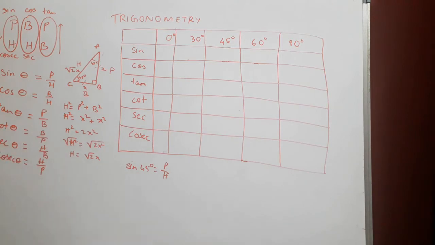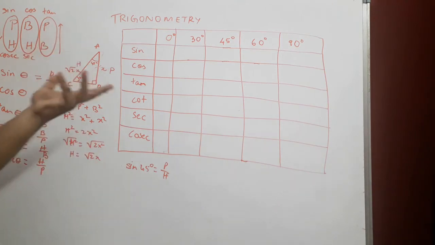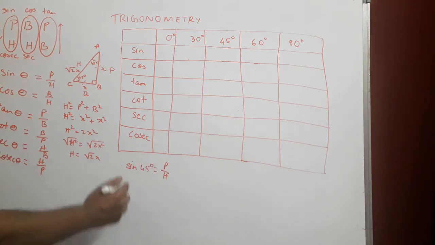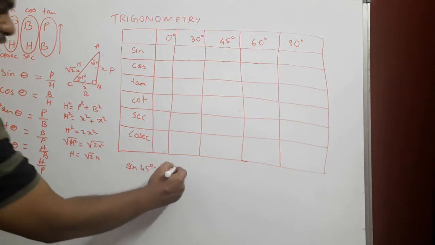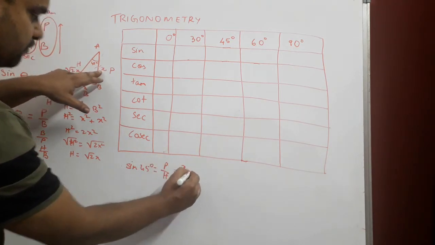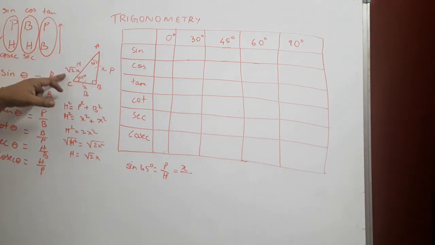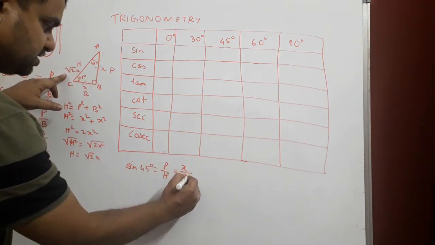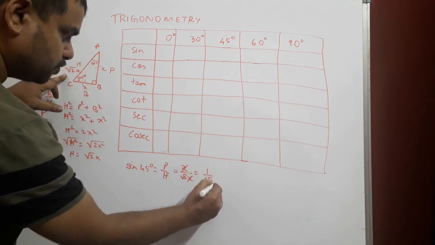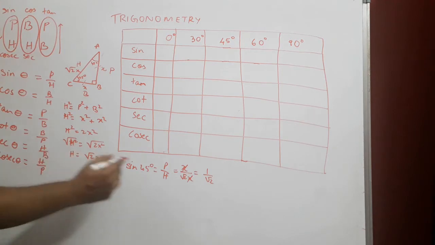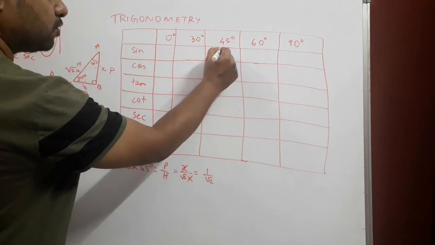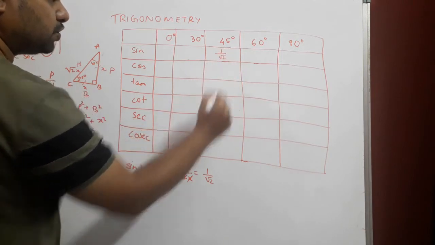That will decide what the sine of that particular angle is. Right now we focus on sine of 45 degrees. So sine of 45 degrees is p upon h, and p over here is x from our figure. What is h? H is hypotenuse, which is root 2 x, which we just found out. X and x cancel and we are left with 1 upon root 2, which means sine 45 degrees is equal to 1 upon root 2. So we can write over here 1 upon root 2.